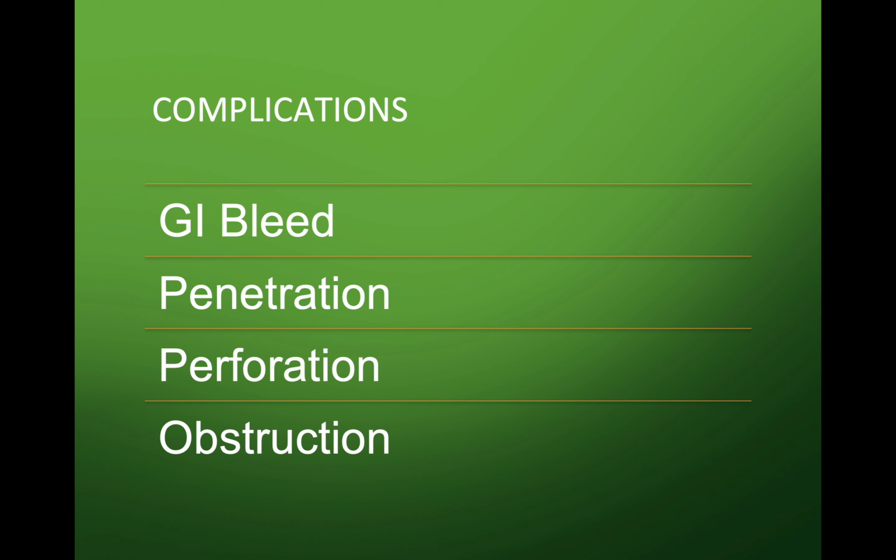If that ulcer has blood vessels exposed, then the patient could experience GI bleeding. I mentioned this prior when I was discussing gastritis. So we think about other signs of bleeding, like hemorrhage, hypotension, tachycardia. There might be a drop in a patient's hemoglobin.